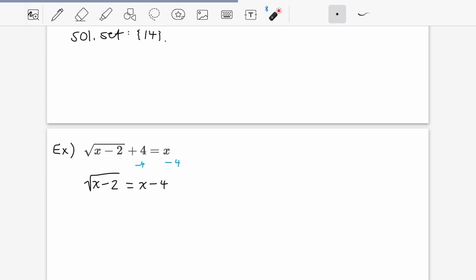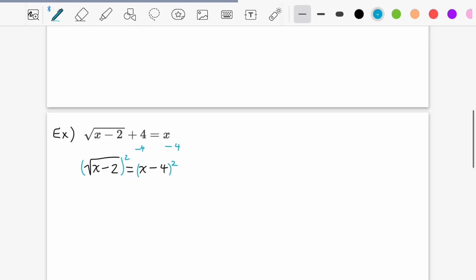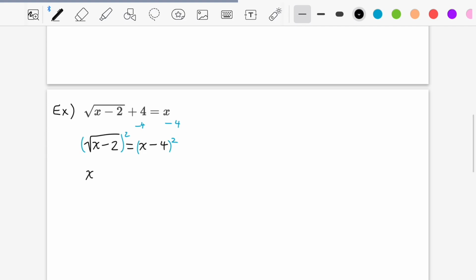Now we know from the last example that if we square both sides, we'll get rid of that square root. So we'll get x minus 2 on the left-hand side is equal to x minus 4 squared. We can FOIL that guy, so we'll get x minus 2 is equal to x squared minus 8x plus 16.